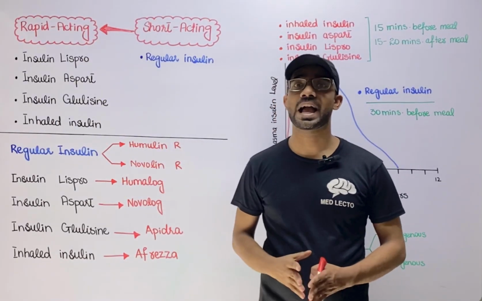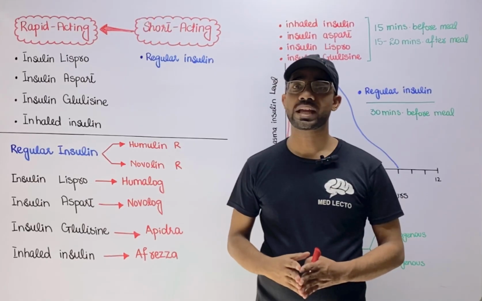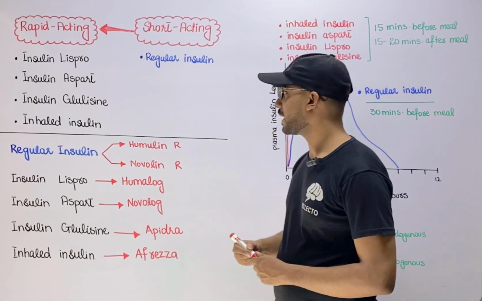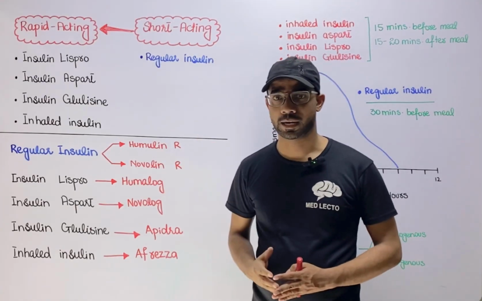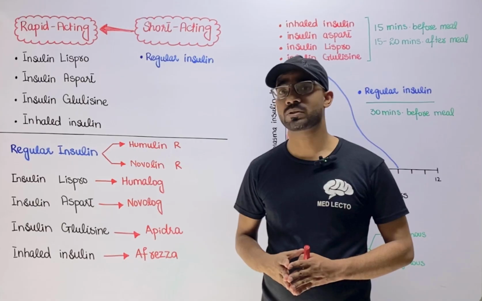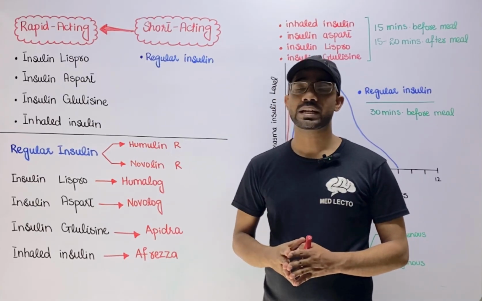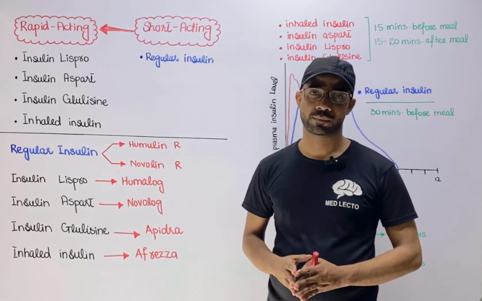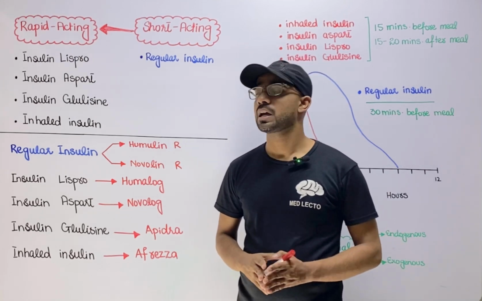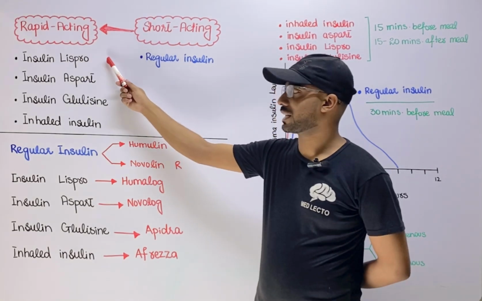These are basically the analogs. How can you get analogs from the insulin? Because we know that the insulin is a polypeptide. After some changes in the regular insulin, you can get the insulin analogs. Just change the amino acid sequence, and it will become the insulin analogs.